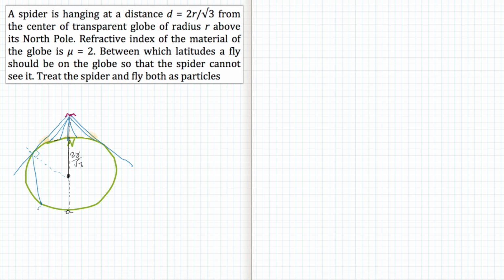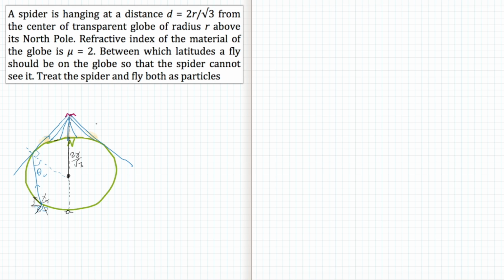If the fly is somewhere here, rays will travel like this, and this has to be the critical angle, and rays will go to the spider. Now from the fly, rays are coming out in all directions, so we only consider that ray which can reach the spider. That's why we are drawing this line. If this is the ray and this is the critical angle, this ray will reach the spider. The rest of the rays will reach at different points.